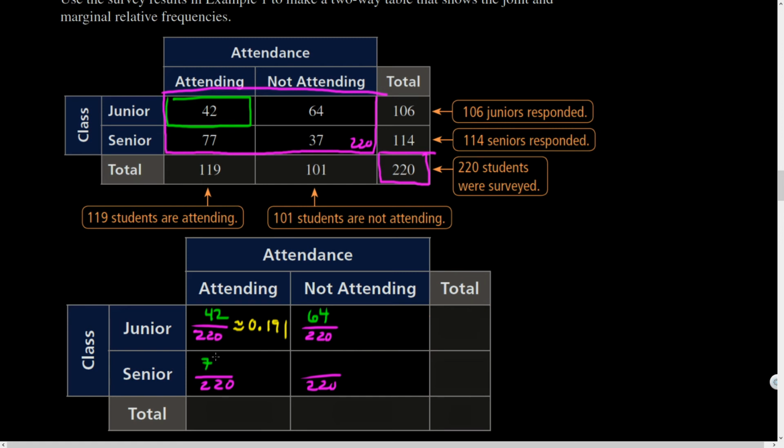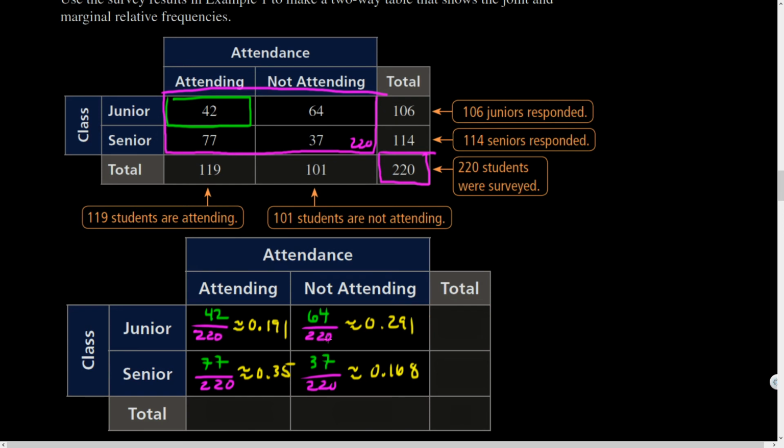Here was the 77. And here was the 37. So if I calculate those things, I get 0.291. Here I would get 77 divided by 220 is 0.35. And here I get approximately 0.168.